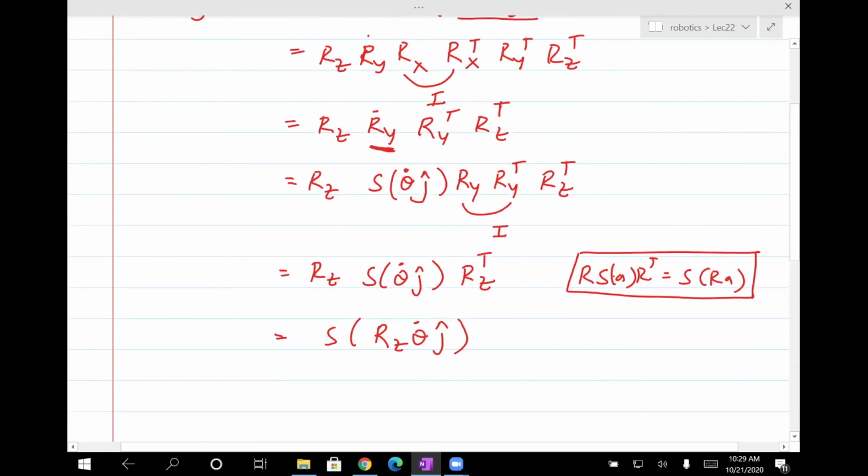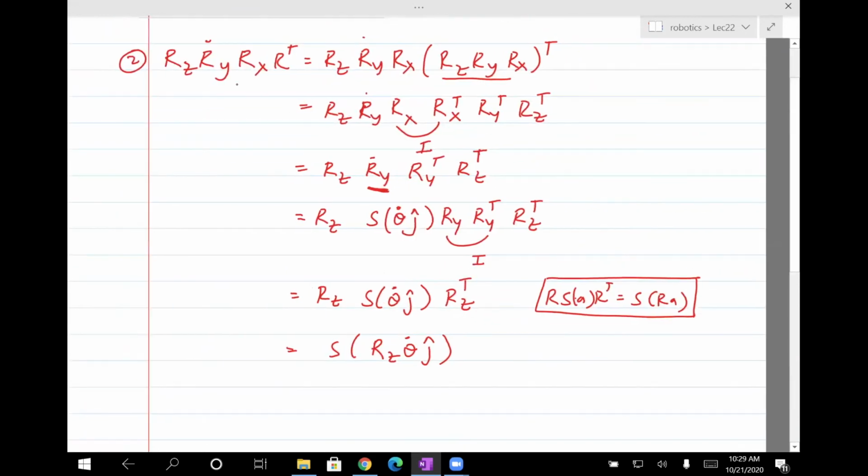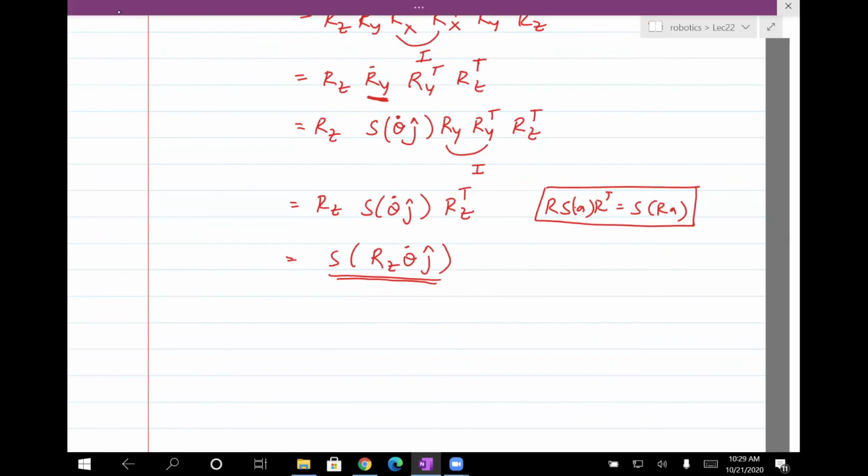Okay, so what I've effectively done is I've taken a complicated expression like this and written it down in terms of a skew symmetric matrix. The last thing left now is to take the third expression, and I'm almost done.